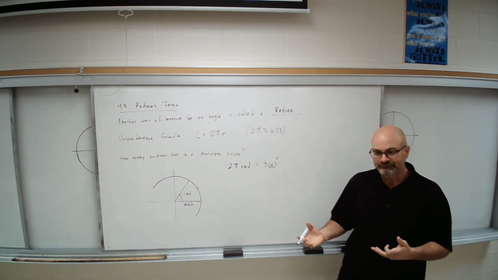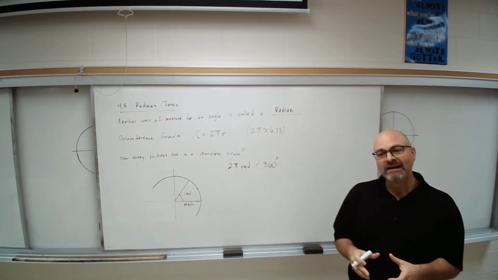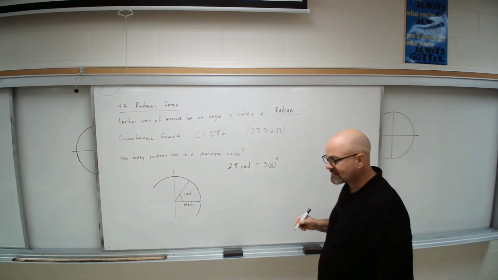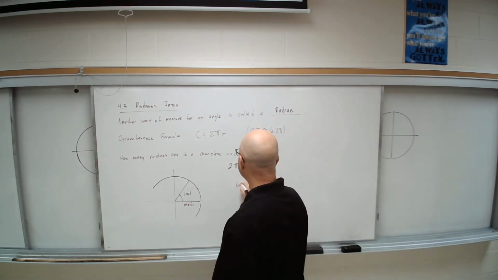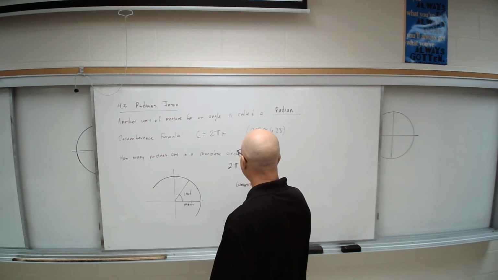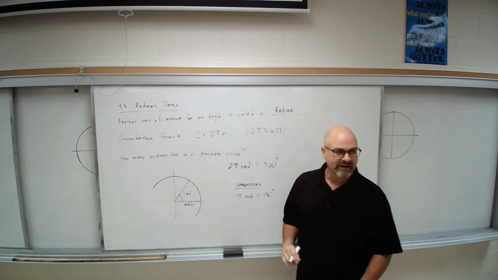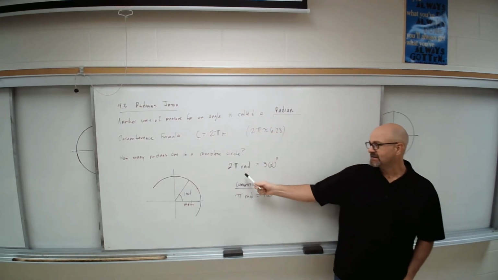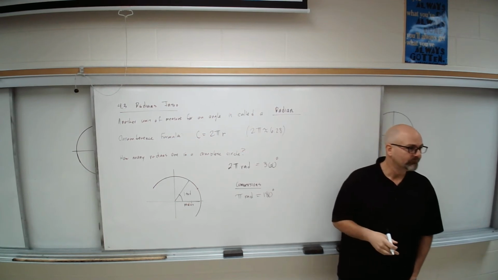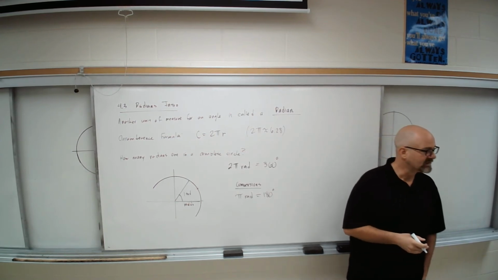Now our conversion factor that we like to use is the first one listed there. For conversions, which we'll get more practice on, I tend to use pi radians equals 180 degrees. You just divide both by 2, so nothing too exciting there.